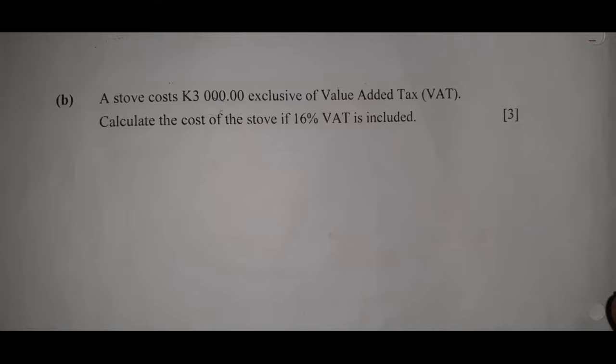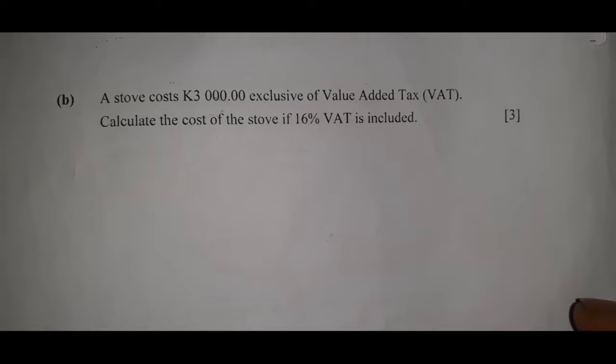A stove costs 3,000 exclusive of VAT. Calculate the cost of the stove if 16% VAT is included.